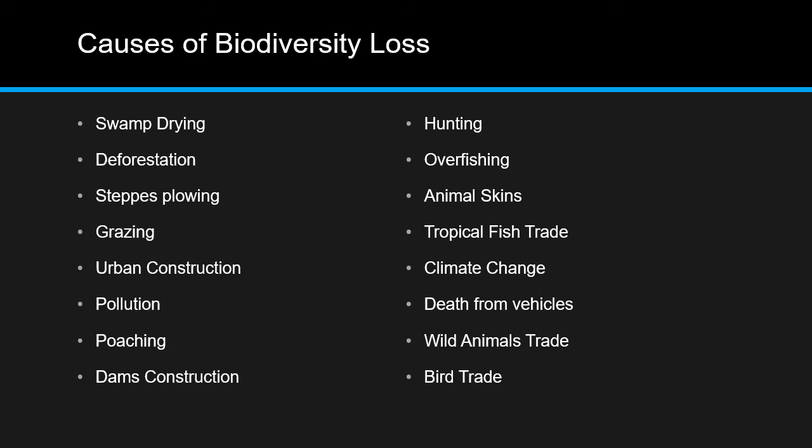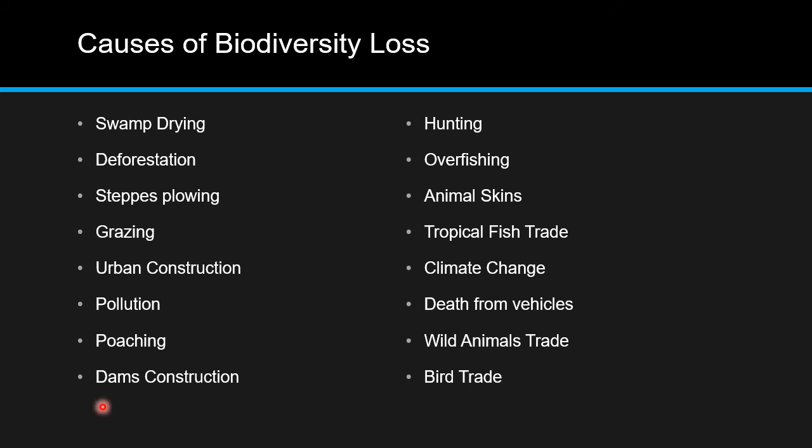Pollution, poaching, dams construction, hunting, overfishing, animal skins, tropical fish trade, climate change, death from vehicles, wild animals trade, and bird trade are also serious causes of biodiversity loss.